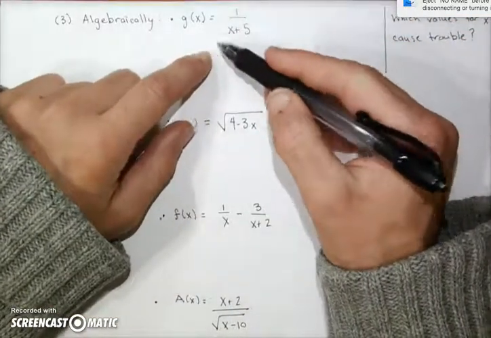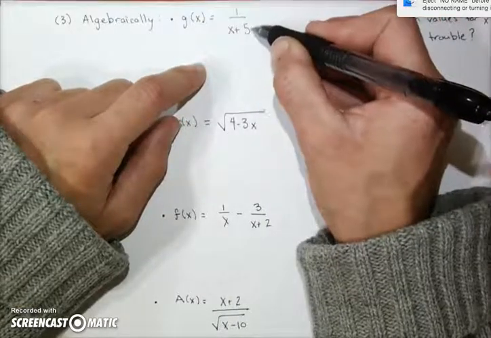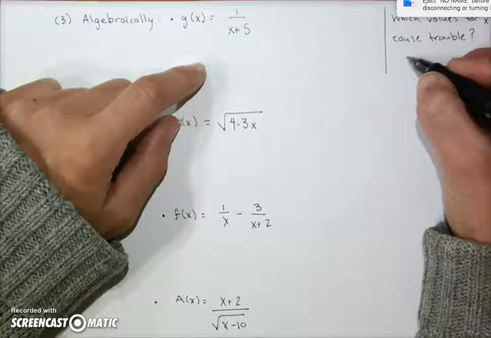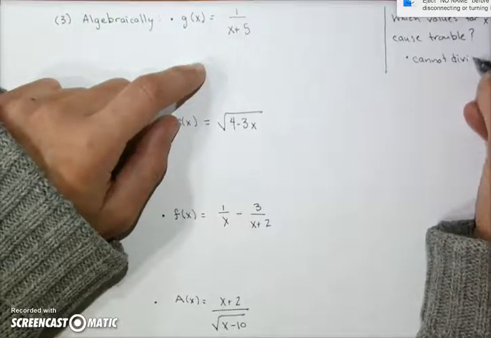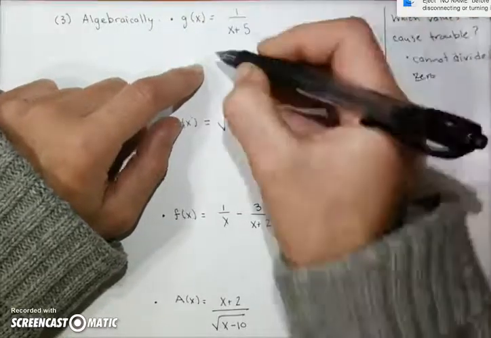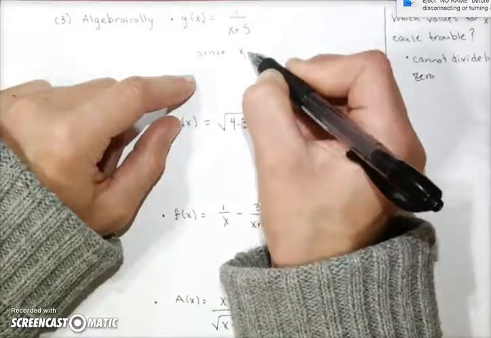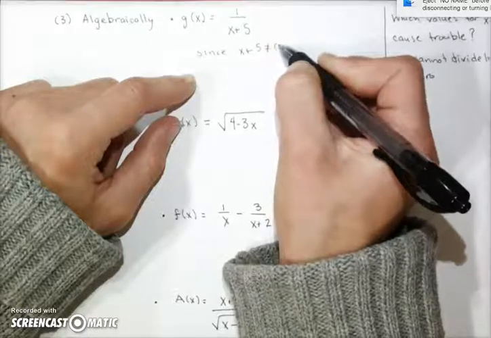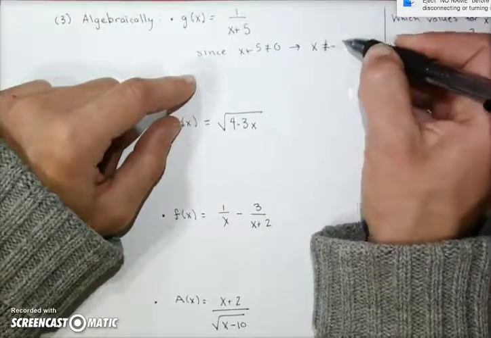So when are we going to have trouble with this function? Well, we know we cannot divide by 0. So the first rule we're going to follow is we cannot divide by 0. Since x plus 5 does not equal 0, that means that x cannot equal negative 5.